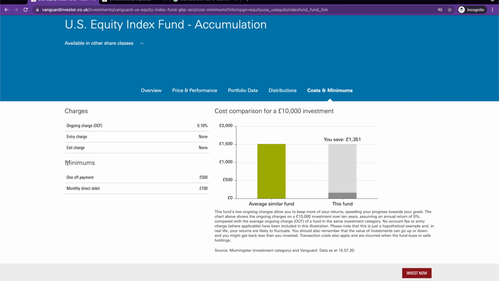And there's a minimum though. So if you want to get started here investing in this fund, you need your first investment or your one-off payment has to be at least £500 in this case, and you need at least a £100 monthly direct debit. Okay, that depending on your circumstances, this might not be too bad.